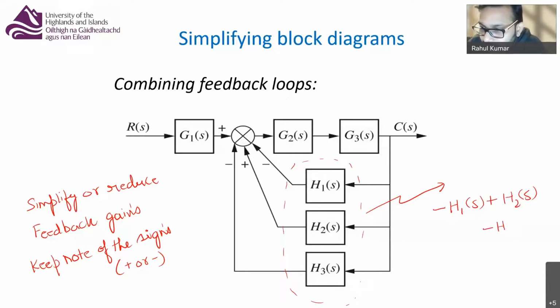So H3 is being subtracted, minus H3 of S. And what I will do is take negative common from all the 3 and write it like this, H1 of S. Now I have taken negative common, so H2 will become negative, H2 of S, and this will become positive, H3 of S, like that.